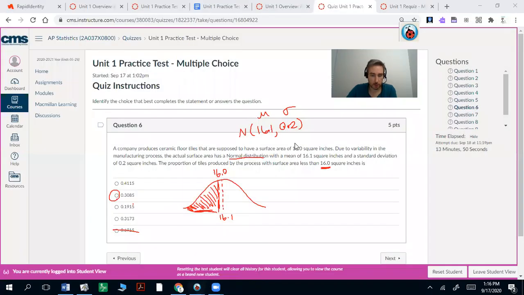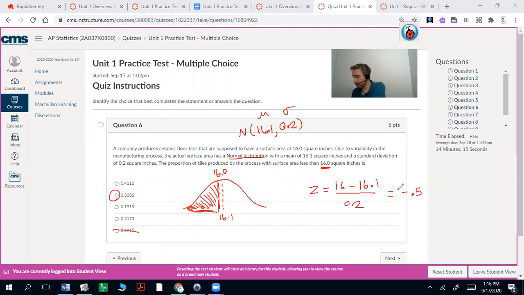You have to get a z-score though. So the z-score would be 16 minus 16.1 divided by 0.2. And I'll calculate that real quick. The z-score ends up being -0.5.